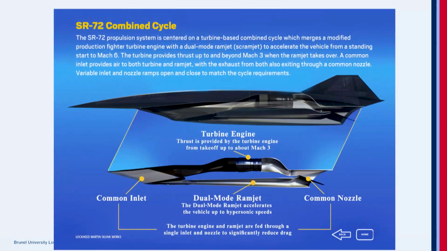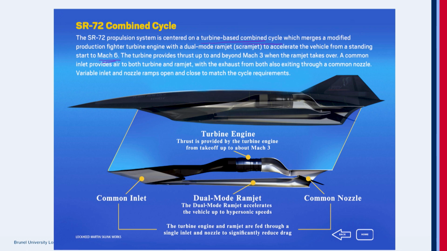Here is the SR-72, which is operated on an over-under layout configuration. It is a turbine-based combined cycle that merges a modified production engine turbine with a dual-mode ramjet-scramjet to accelerate the vehicle from Mach 0 to Mach 6.